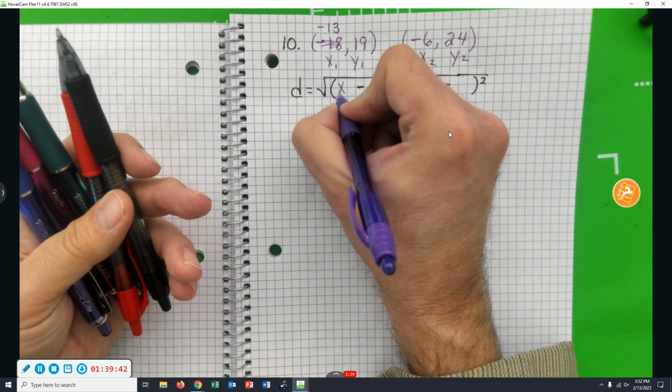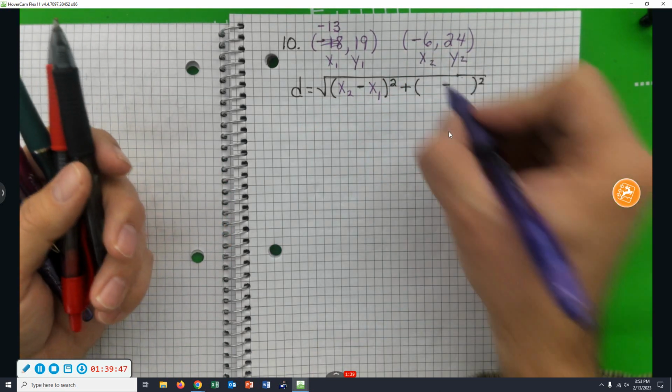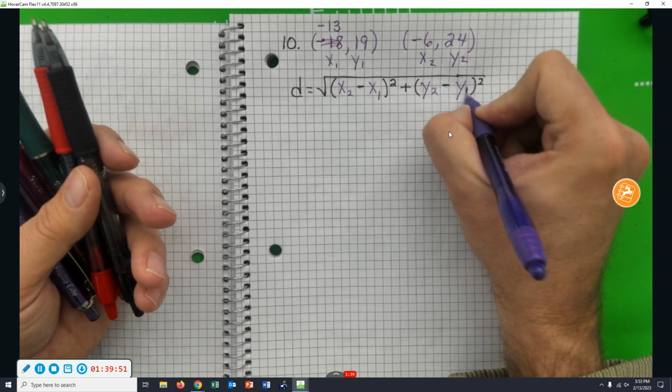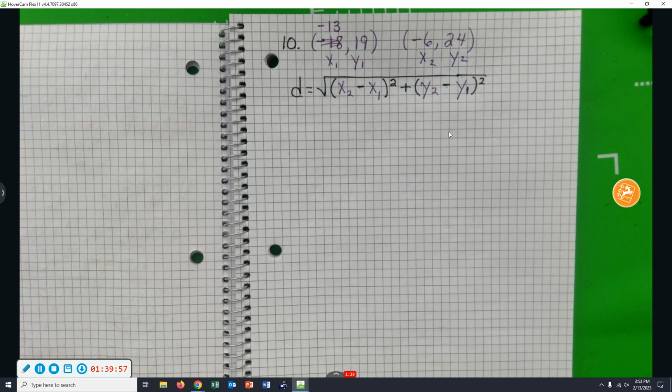Second X minus first X squared plus second Y minus first Y. Now we just start plugging in. Watch out for the negatives.